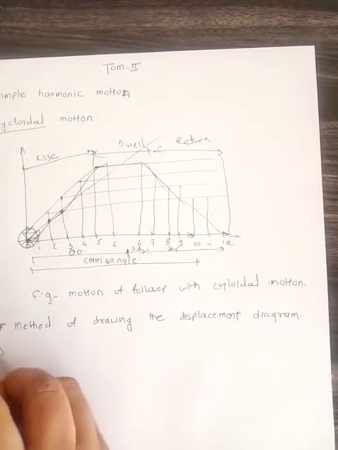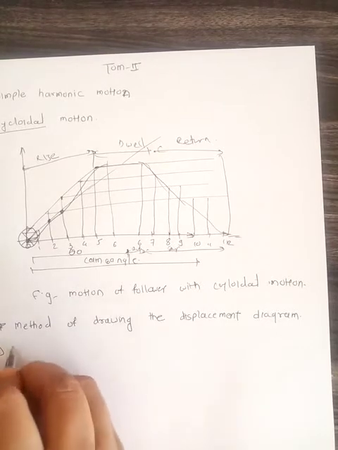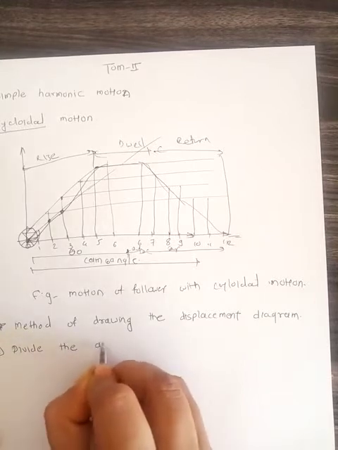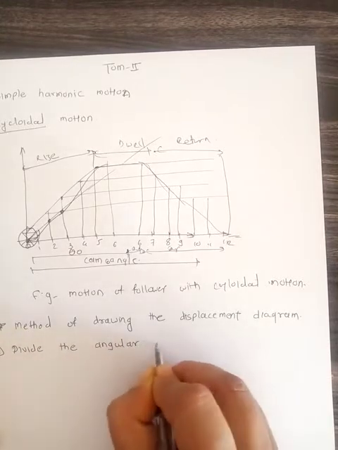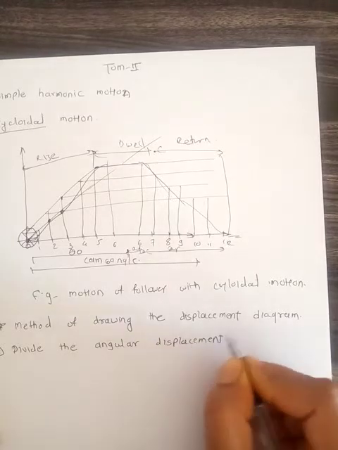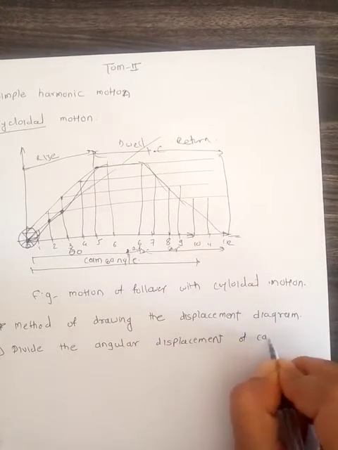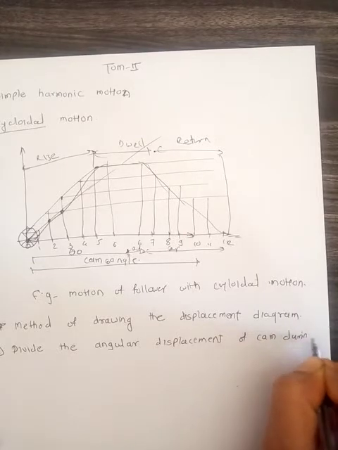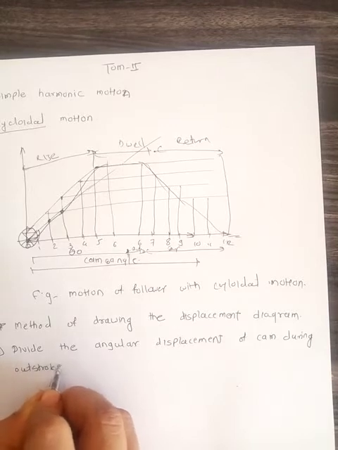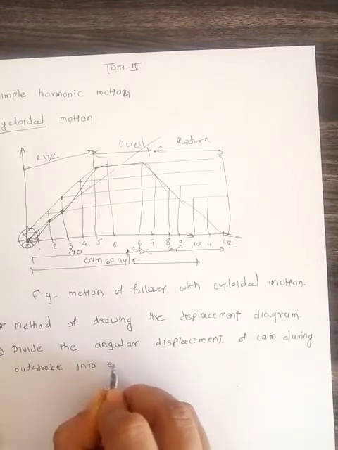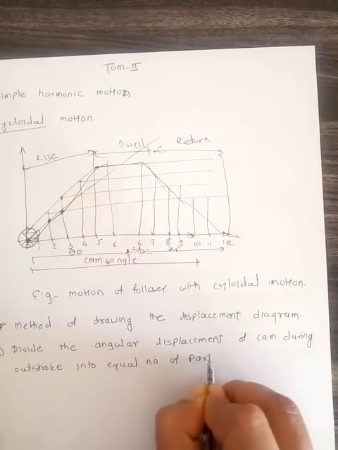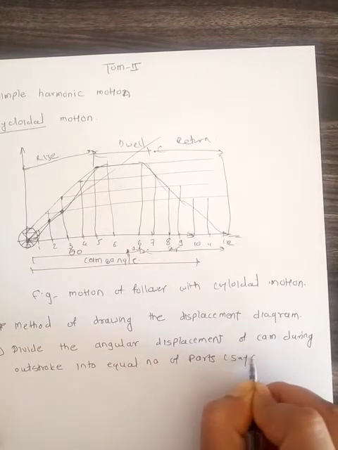First, divide the angular displacement of the cam during the outstroke into an equal number of parts, say 6.